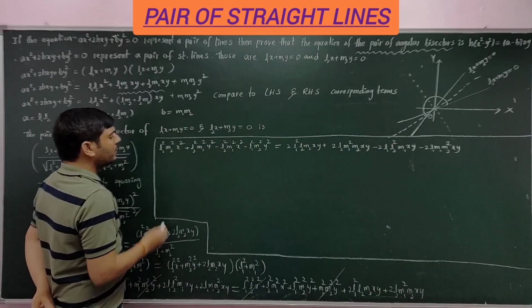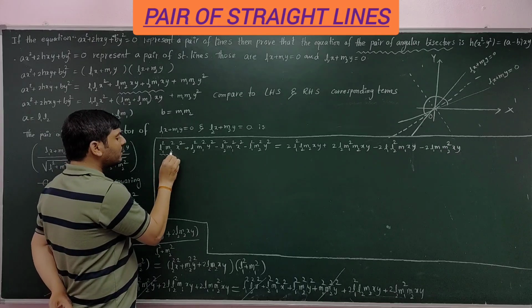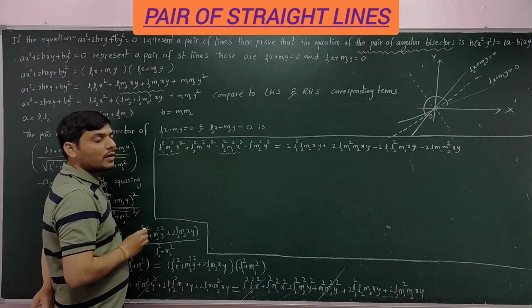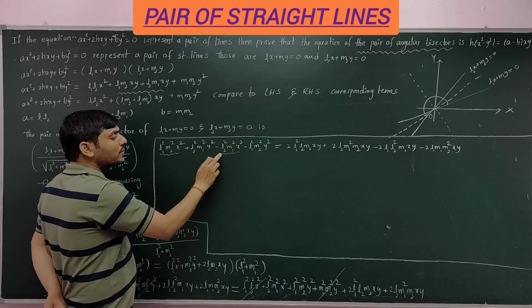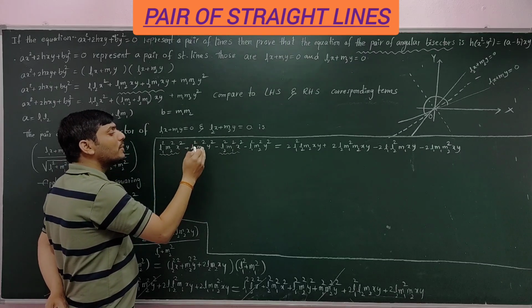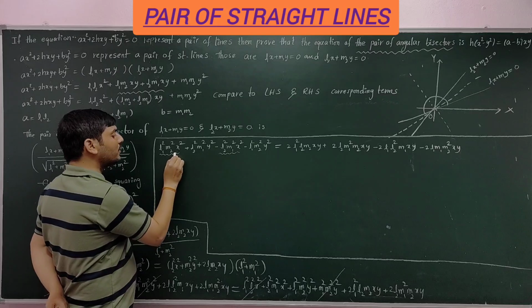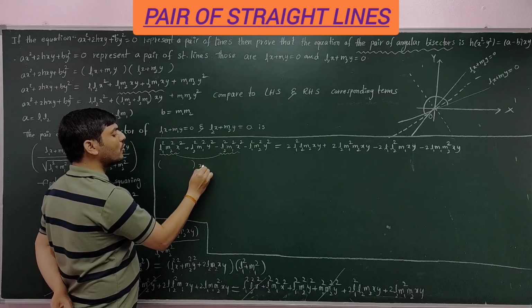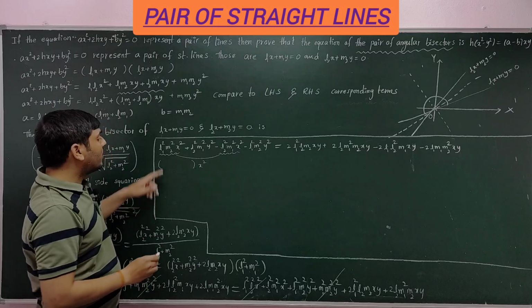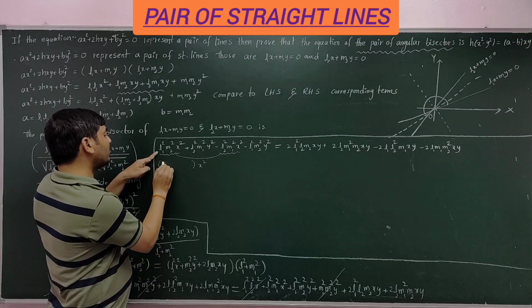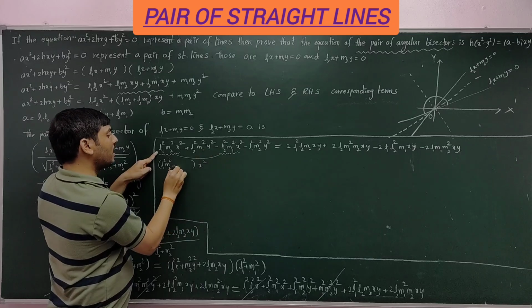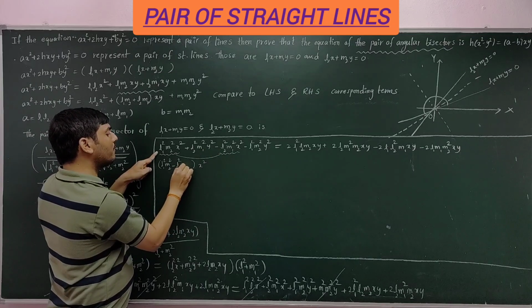Now listen students, this term is x square, this term is x square. You write these two terms using x square as common. The remaining terms are l1 square m2 square minus l2 square m1 square.